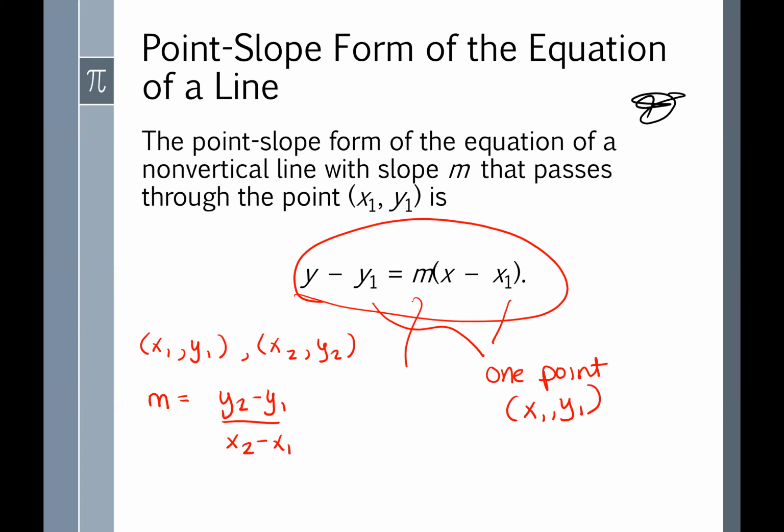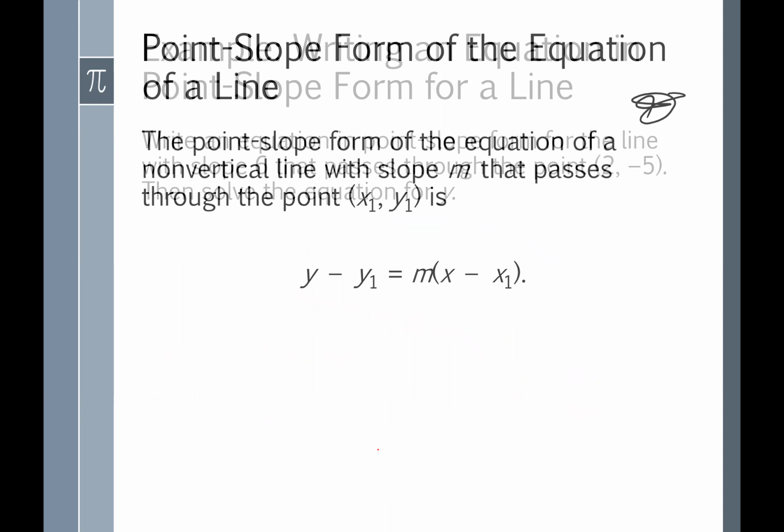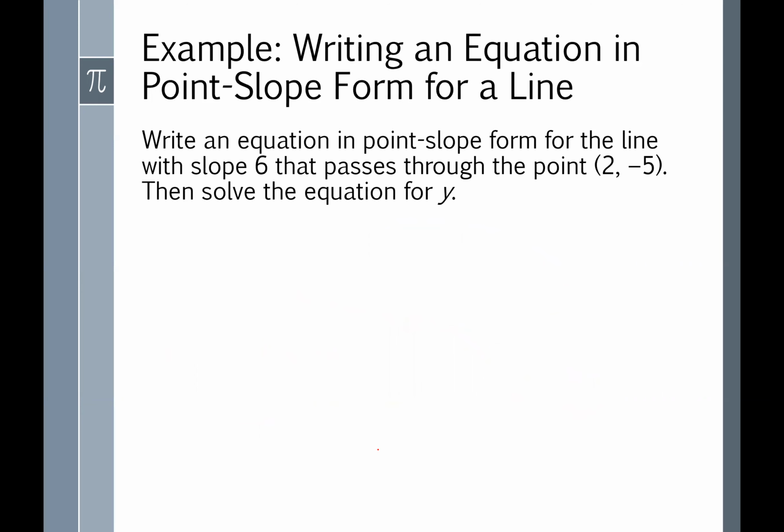And we need to know the slope, which we can find using the formula, or the slope can be given to us. So once we have these 2 pieces of information, we can find the equation of the line. And once we have the equation of the line, we can find any ordered pair that is on that line.